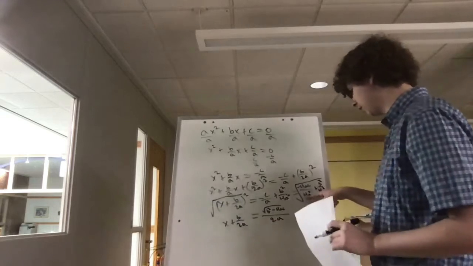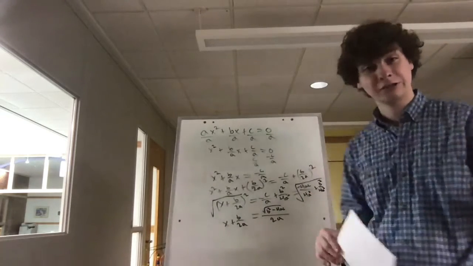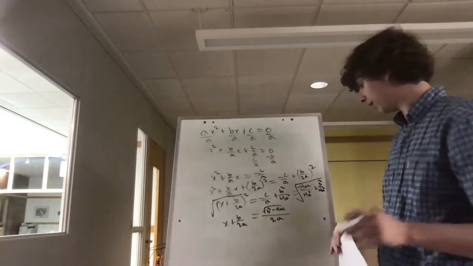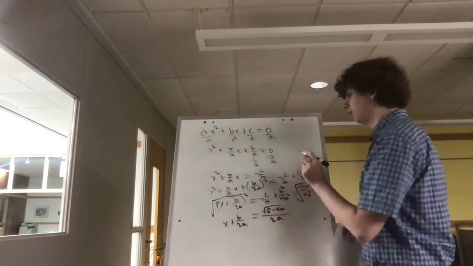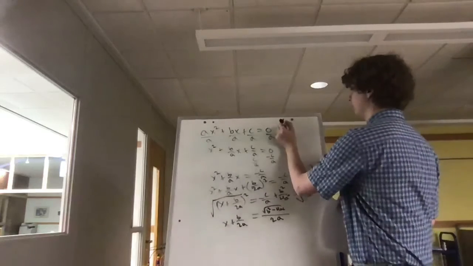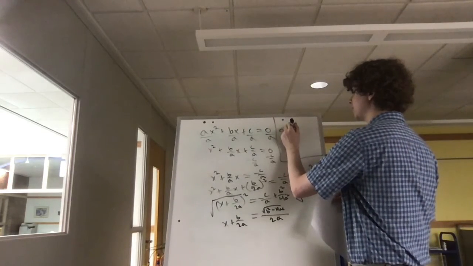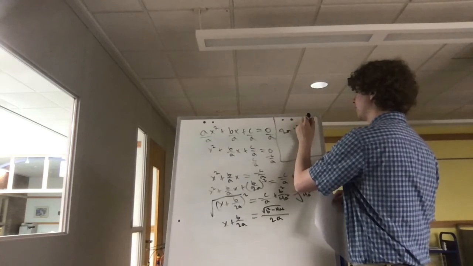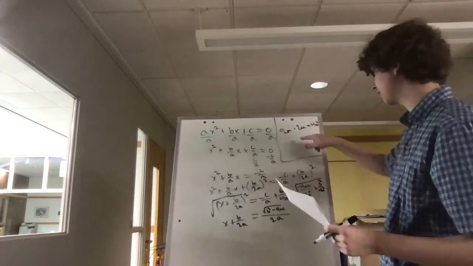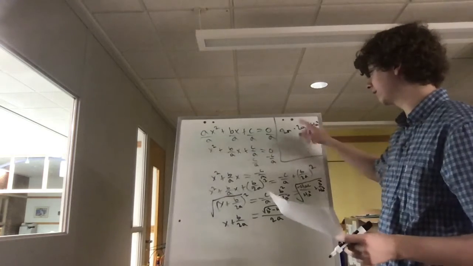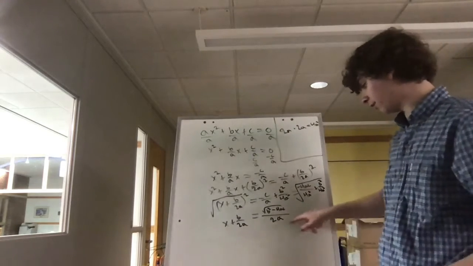Well, when you take the square root of 4a squared, that will get you the square root of each of those terms individually. Because notice, 2a times 2a equals 4a squared. All we did was we went backwards from that. So we just said 4a squared goes back down to 2a times 2a. So that's all we did here.